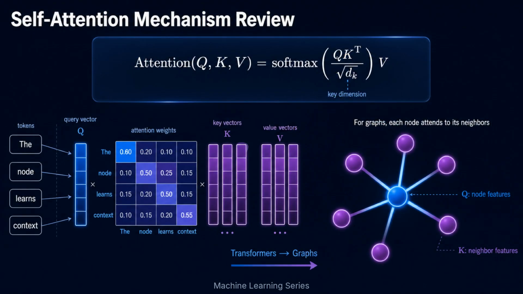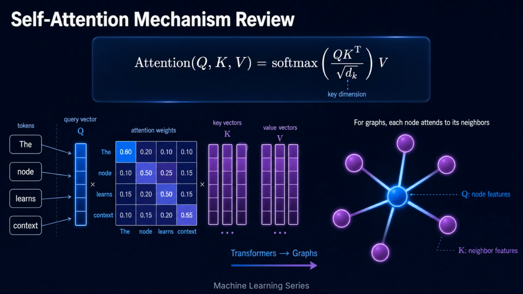Before diving into GAT, let's quickly review self-attention from transformers. The attention formula computes a weighted sum of values, where weights are determined by query key similarity. Queries and keys are linear projections of input features. We compute attention as softmax of Q times K transpose, scaled by square root of dimension, then multiply by V. This lets each position attend to all other positions with learned importance weights.